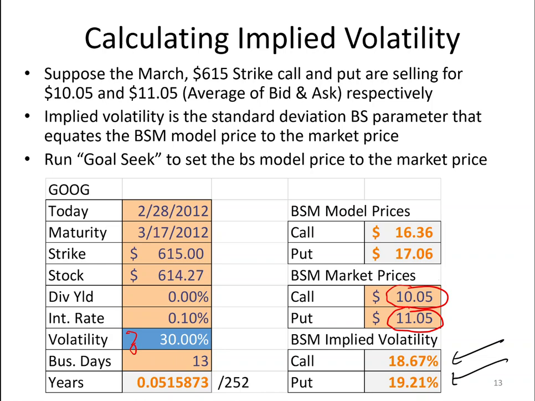If you ask a trader, what are you selling the March 615 call for, they'll say it's selling at 1867 vol, and the put's selling at 1921 vol. So they're actually quoting you the implied volatility from the Black-Scholes model. So it's often a quoting mechanism for options.